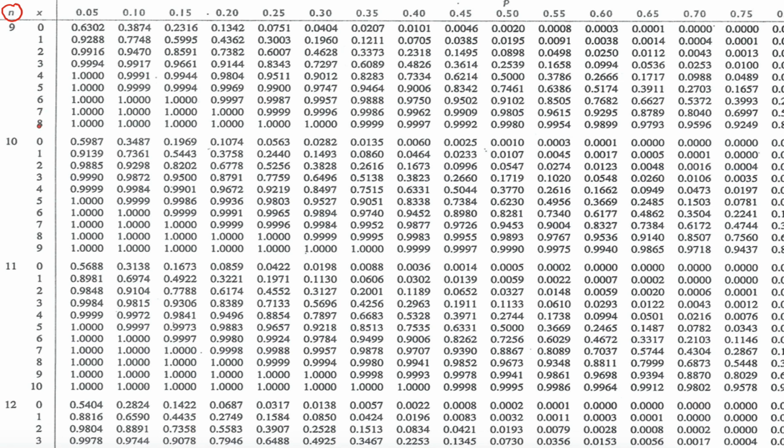Now, the reason why it goes up to 8 and not 9 is because if you have 9 trials, then the probability that x is less than or equal to 9 is equal to 1. In fact, some of these probabilities, when rounded to 4 decimal places, are already equal to 1. So to save space, because it's a cumulative probability, we know we're going to end up at 1, so they eliminate an entire row.